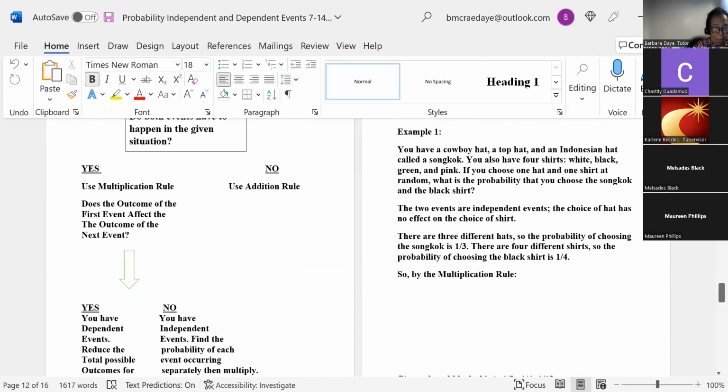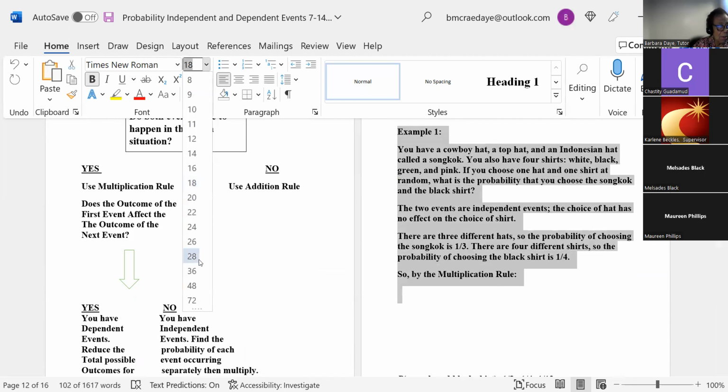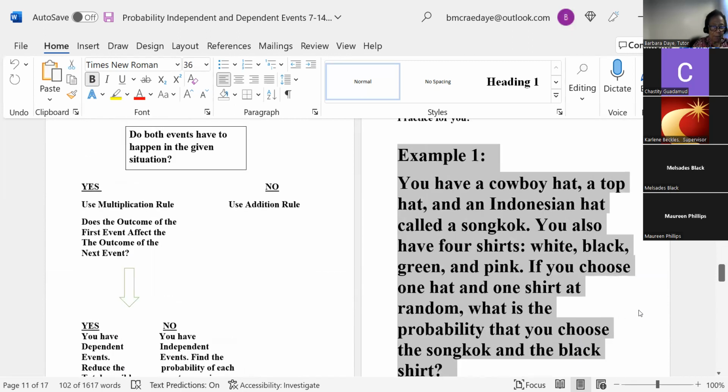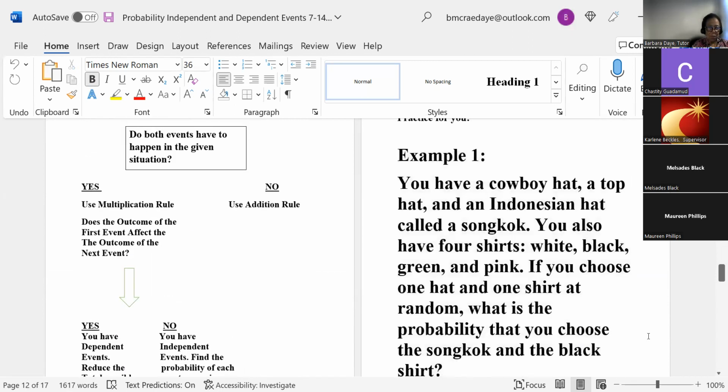Now, Maureen, read example 1. Let me make it bigger. This is one where we're going to use the multiplication rule. And then you tell me the answer. Okay, read number 1. You have a cowboy hat, a top hat, and an Indonesian hat called the sangkak.